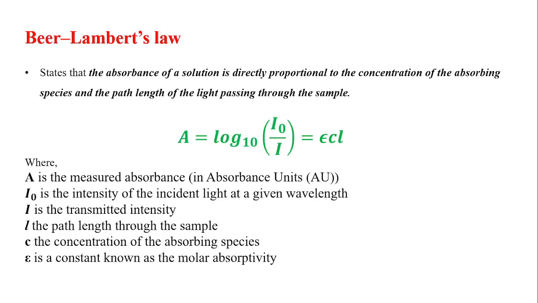Here A is the measured absorbance, ε is the constant which is called molar absorptivity, and C is the concentration of the absorbing species. If we want to write it in terms of intensity, then A is equal to log of I naught upon I, where I naught is the intensity of the incident light and I is the transmitted intensity.